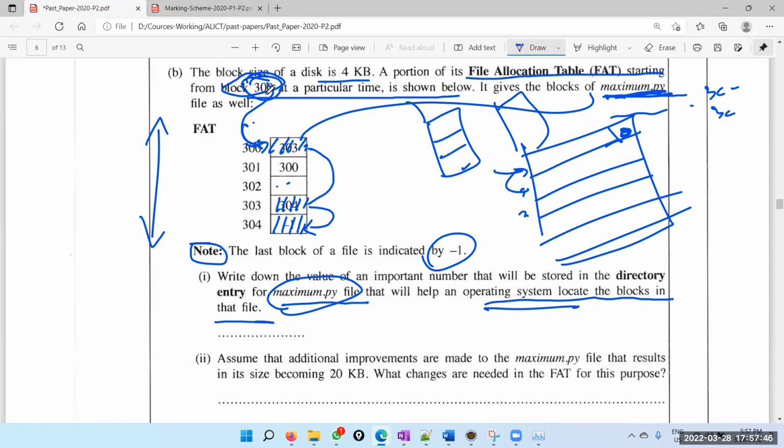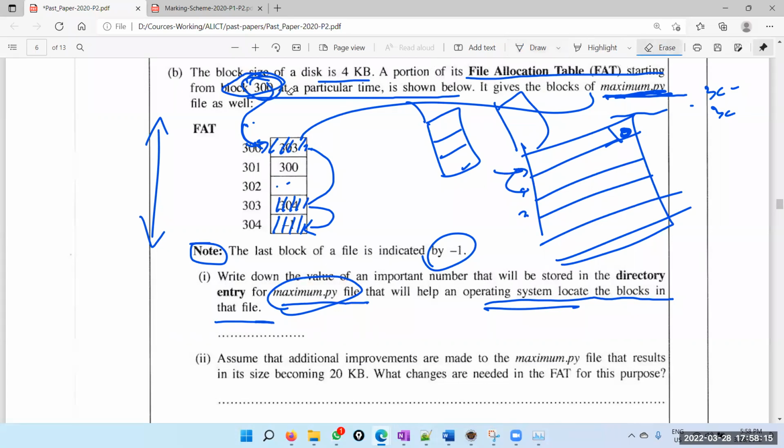But it says 300, right? Block 300. File allocation table starting from, portion of its file starting from block 300.